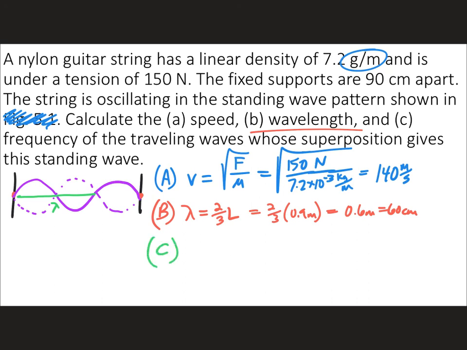And then part C, they want to know the frequency. This is just taking that ultra basic velocity equals lambda times frequency, rearranging it: 140 meters per second over the wavelength of 0.6 meters, 240 hertz. Just like, for instance, that A string when I was plucking has a frequency of 440 hertz.